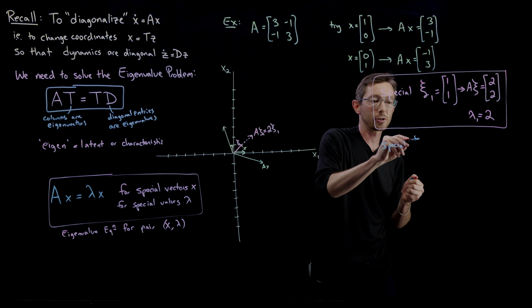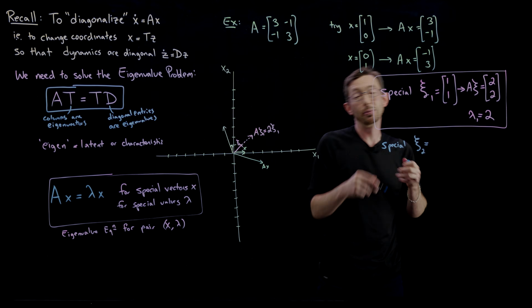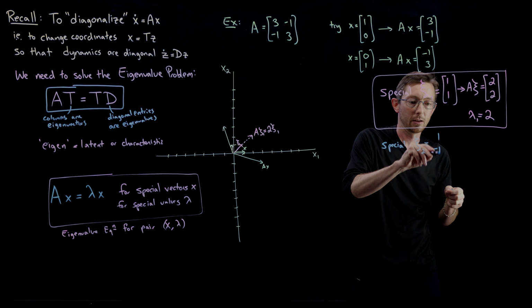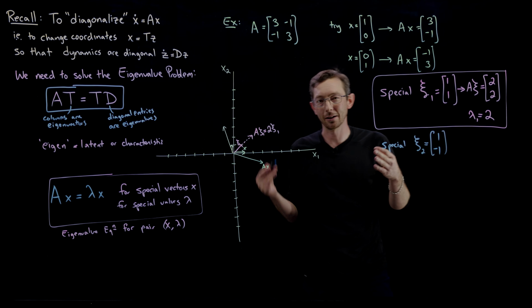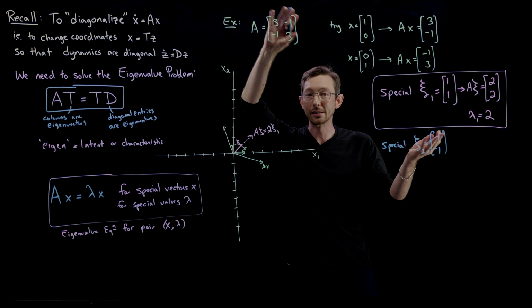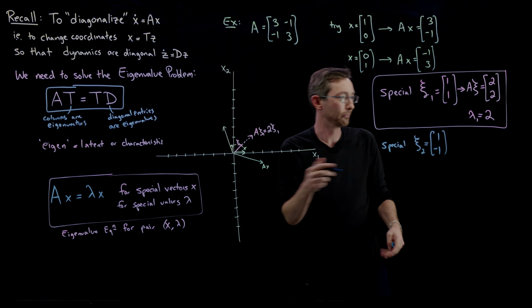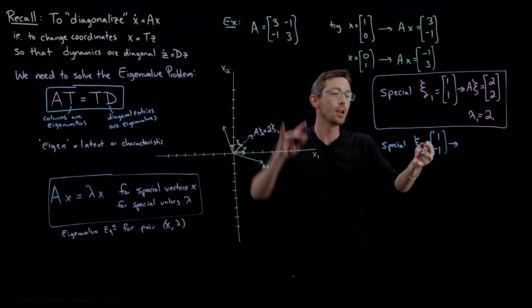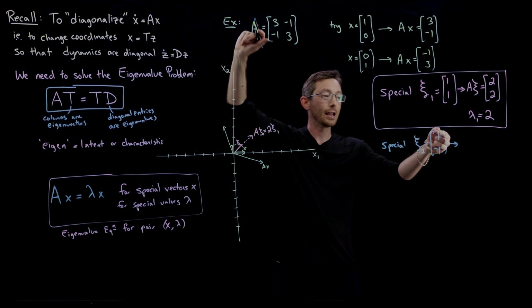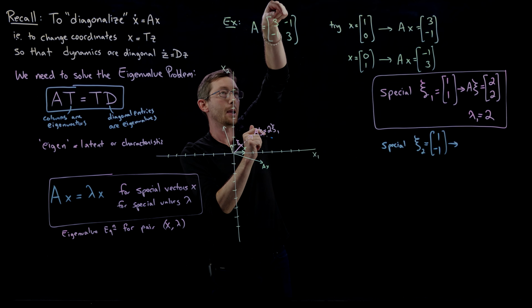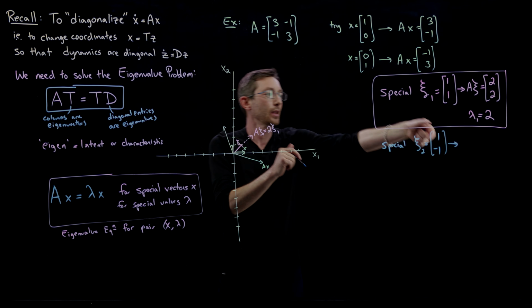my next special xi2, I believe it's going to be like 1 minus 1 or something like that. So it's 1 minus 1. I've had a lot of experience with eigenvalues and eigenvectors. Almost you can read these off of a 2 by 2 matrix, but you'll get there if you can't do that already. Let's multiply A by this now. And so now I'm going to multiply it, and I get 3 minus minus 1 is 4.